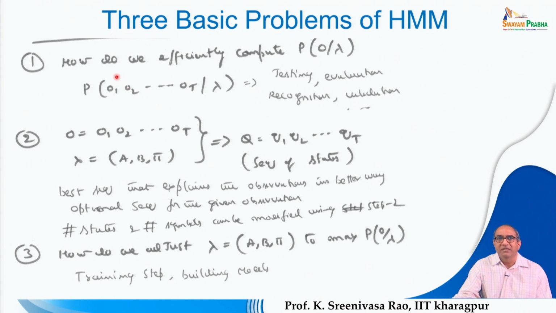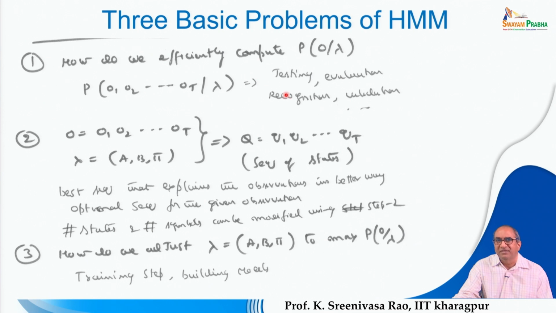It means a computationally efficient way to compute this for a given lambda, for a given model. Solving this problem will be useful for testing, evaluation, recognition or validation purposes.